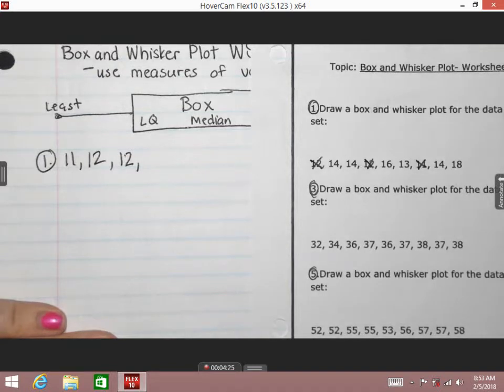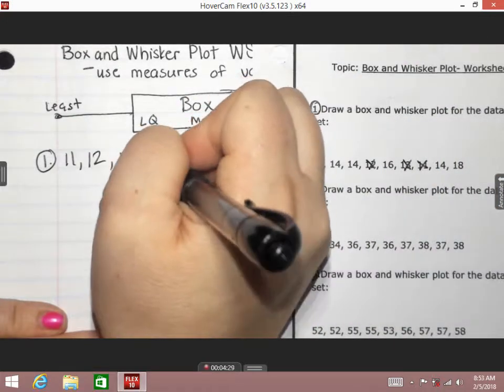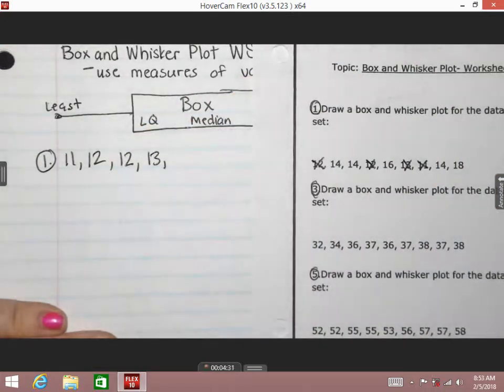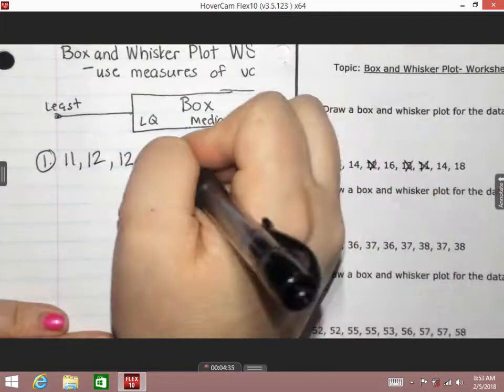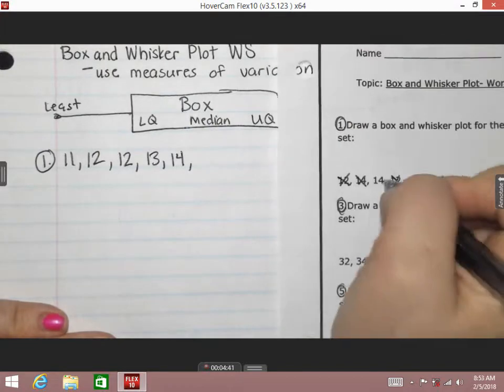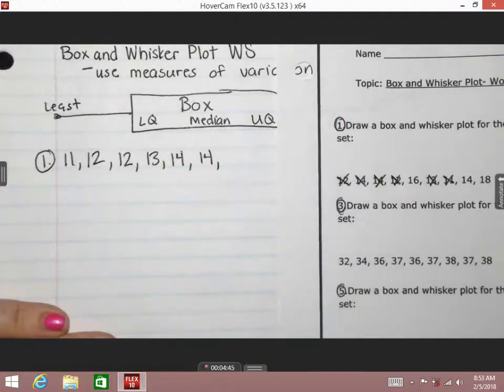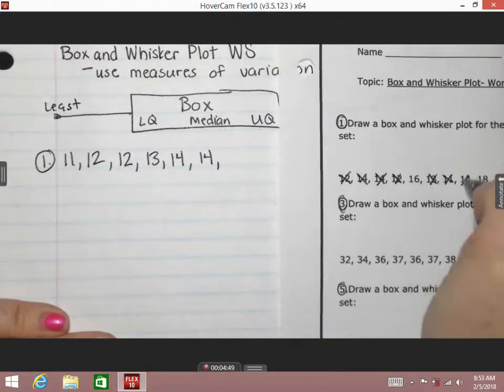Cole, Blake? 13. After 13, Cole? 14. After 14, Gabrielle? 14. Another 14. After 14, Emily? 14.